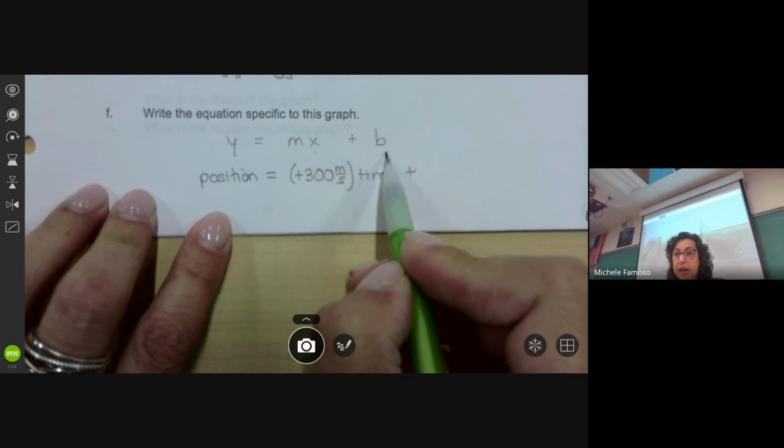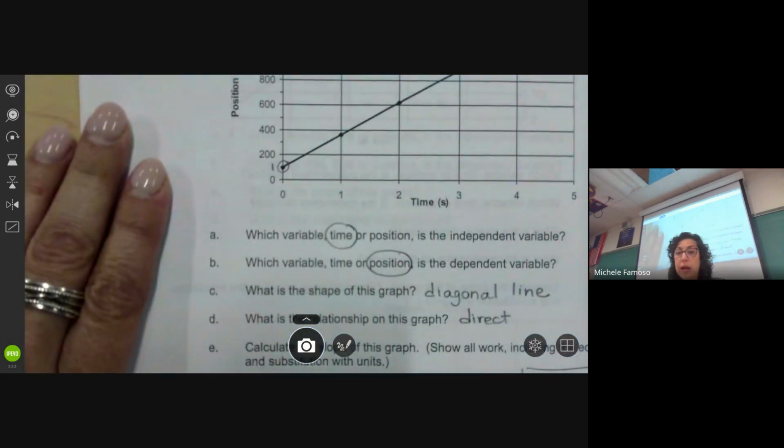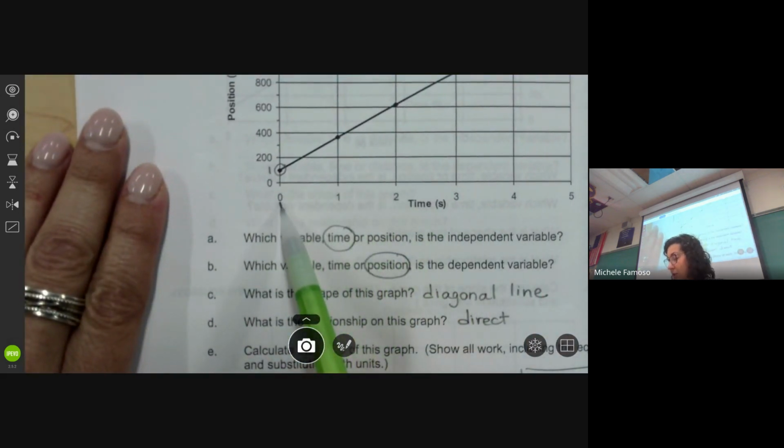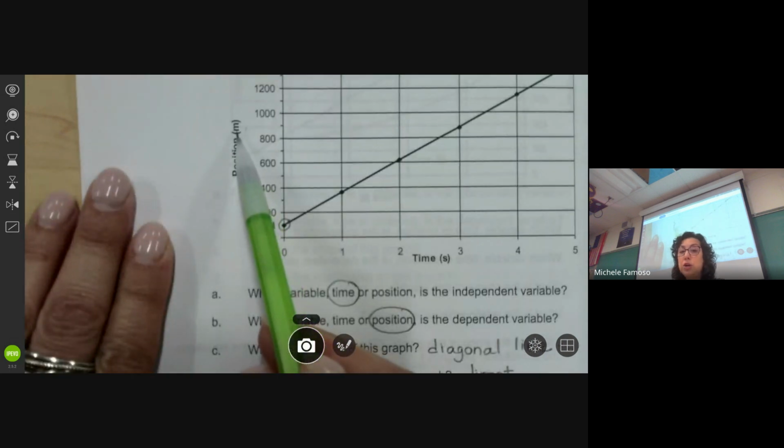And then we have to add the y-intercept, which we get by looking at our graph, analyzing the graph at a value of 0 for the x-coordinate. And what is that y-coordinate right there? What's the y-coordinate? 100 what? Meters.